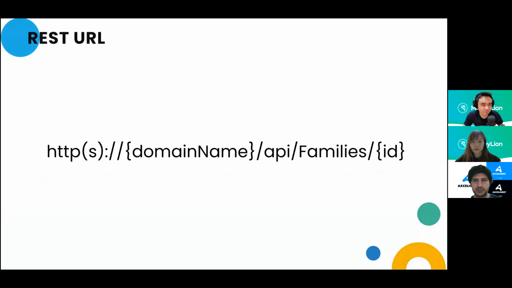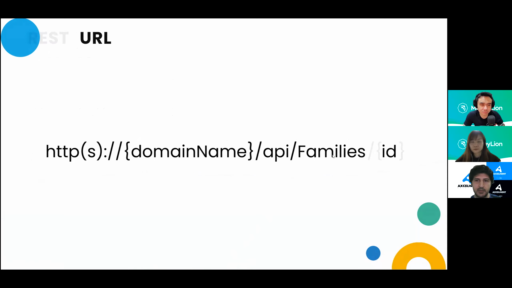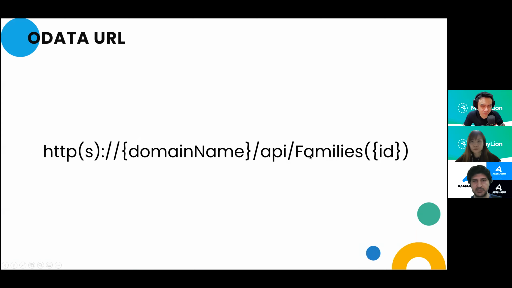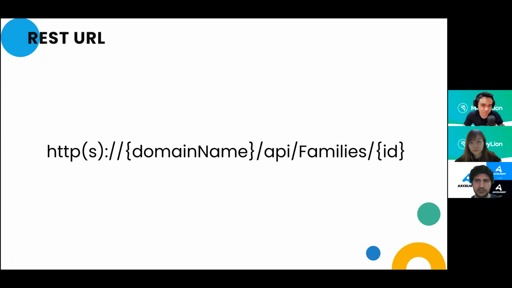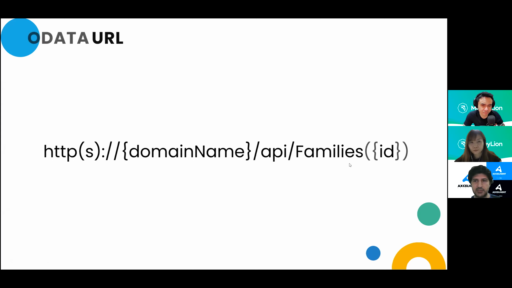So this was the URL that we were discussing. Until here it is a normal REST API. The first thing OData enforces is that, while you can still put a slash like this, you put parentheses when things are related to each other.